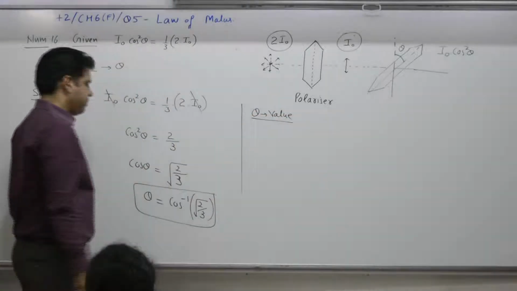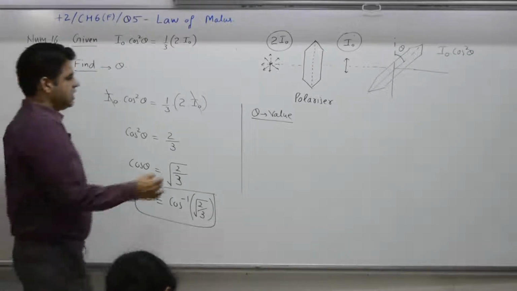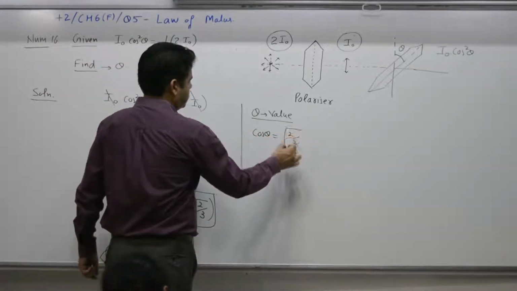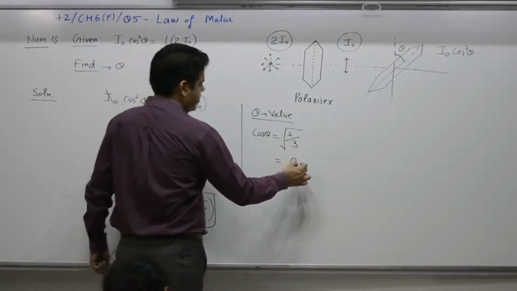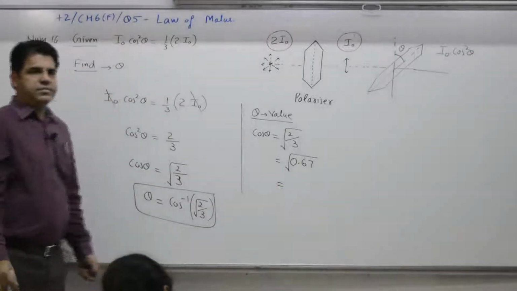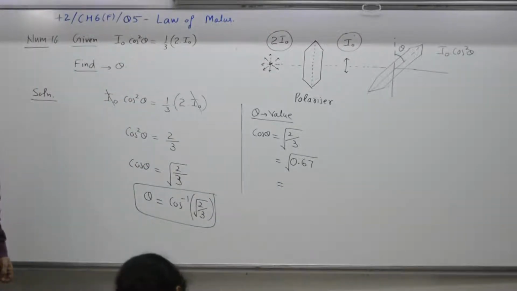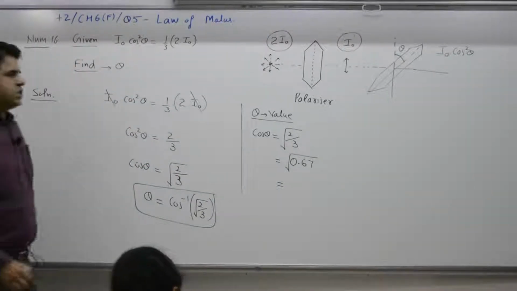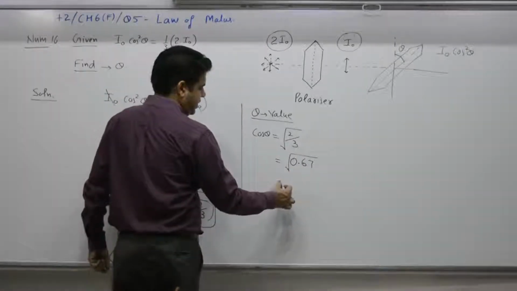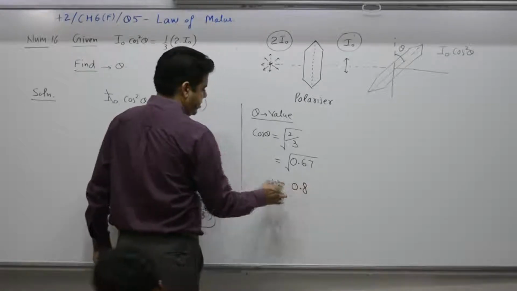You can try. Cos theta is equal to what? 2/3 under root means what? 0.67 under root is approximately, if it is 0.64, then it is 0.8.